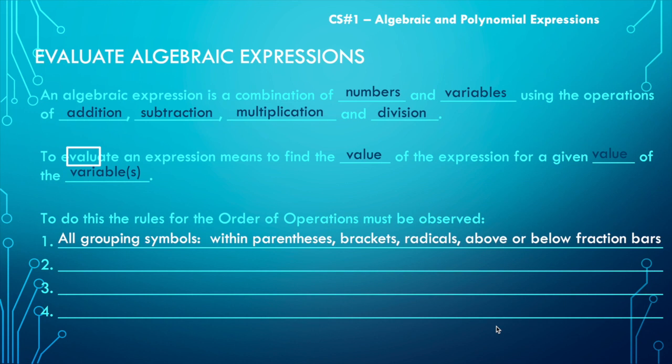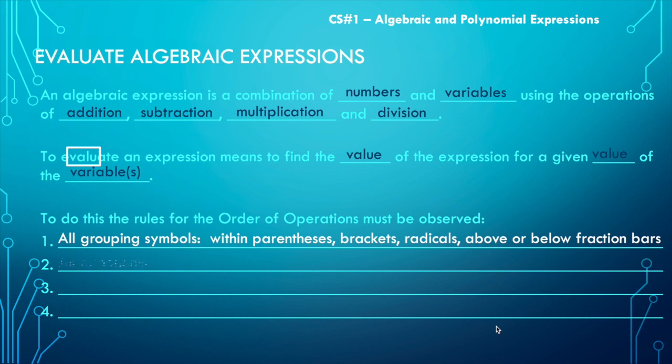Anything underneath a radical, that radical functions as a grouping symbol. And same with fraction bars. Anything above a fraction bar, you could think of as in a set of parentheses. They're a group. And same with below the fraction bar. So anything that's grouped, you're going to combine first. You're going to apply anything that you can within grouping symbols first.